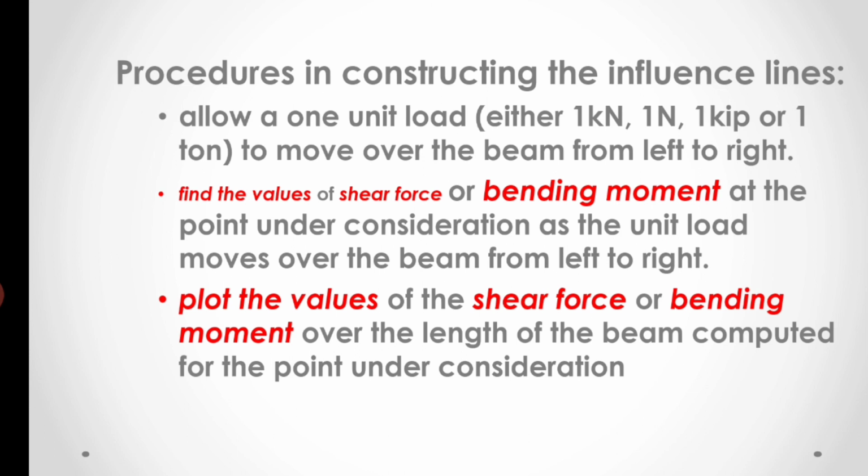Find the value of shear force and bending moment at the point under consideration as the unit load moves over the beam from left to right. At different intervals we find the coordinates. Then plot the values of shear force and bending moment over the length of the beam, computed for the point under consideration, and finally we get the shear force and bending moment diagrams.